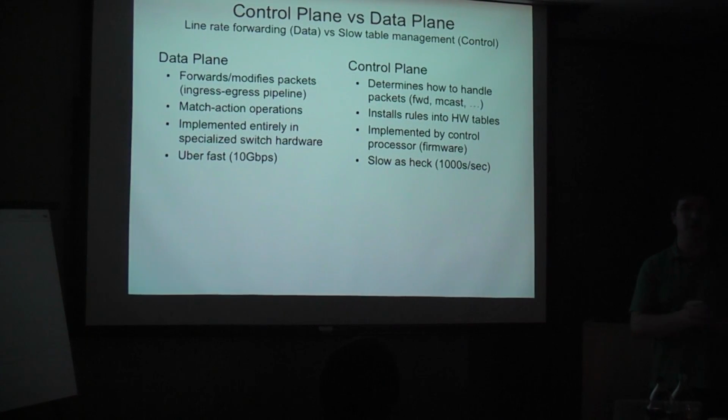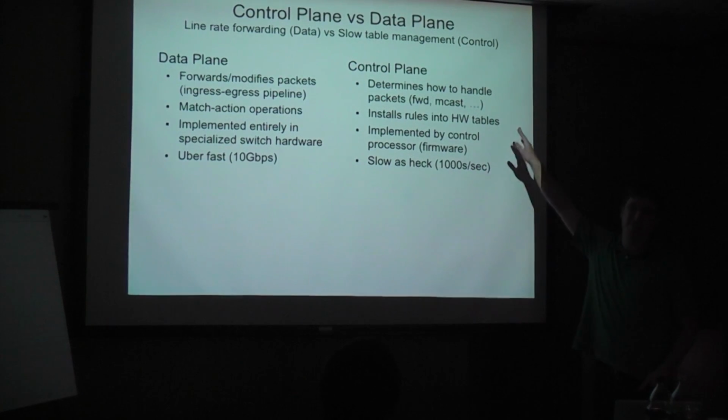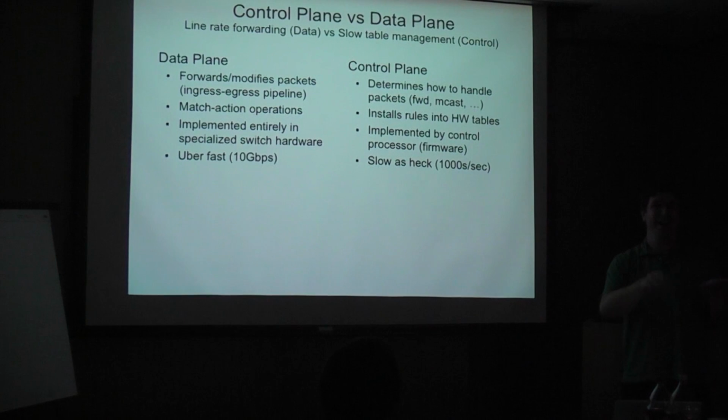Networking hardware actually started off all on this side, where it was all done with general purpose code. Literally there was a C program that said, if the 5th offset into the packet is a 0, send it this way. As it needed to get faster, we baked more and more stuff into hardware.